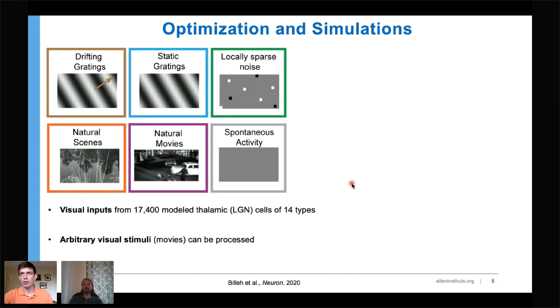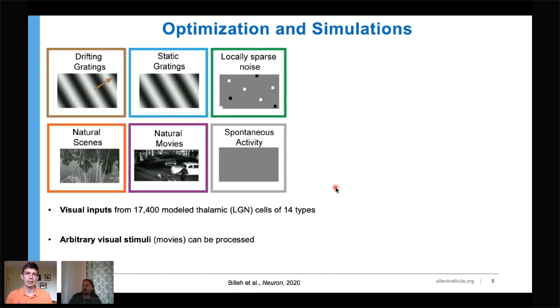And those cells are represented as filters that operate in the visual space. And so because of that, one can use arbitrary visual stimuli: drifting gratings, static gratings, noise, natural scenes, natural movies, anything that, let's say, your experimental collaborator is using to provide visual stimuli for their experiments.